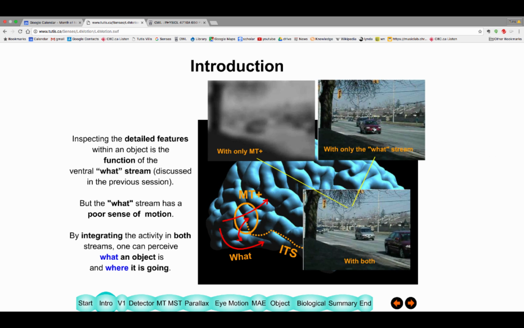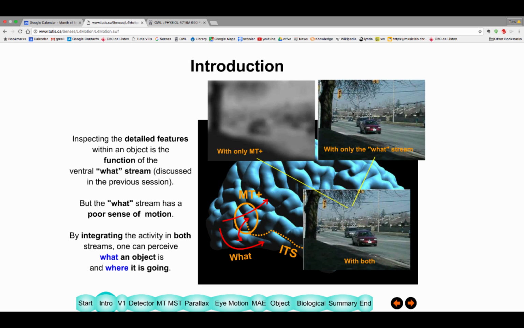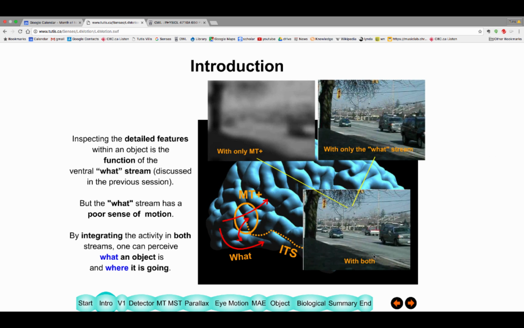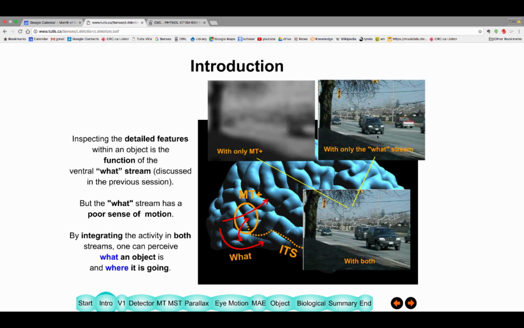But somehow your brain puts together what this screen sees and this screen sees, and your brain as an entity sees these objects moving. So somehow it tags this motion of this car with this still of this car, and it does this on the fly at an amazing speed. So without noticing, you perceive these cars as moving, without noticing and without effort.